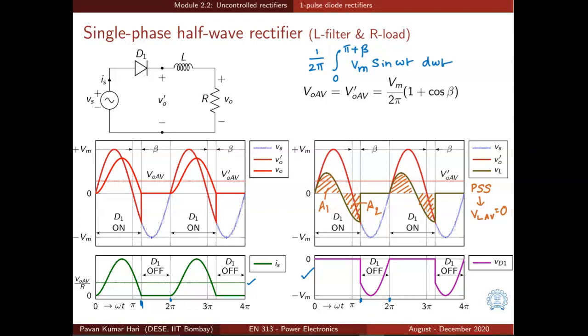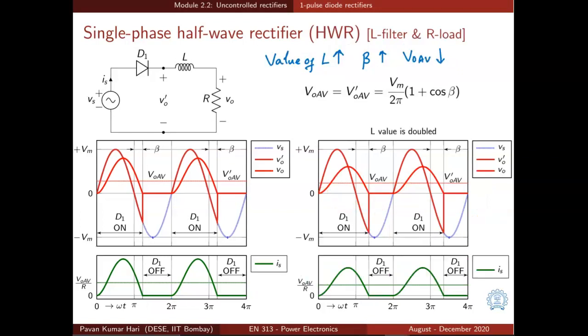As the value of L is increased, beta will increase. The interval for which the diode conducts will increase, and subsequently the average output voltage decreases. Why? Because the negative excursion in VO dash is now increased. This is a negative excursion that has increased.